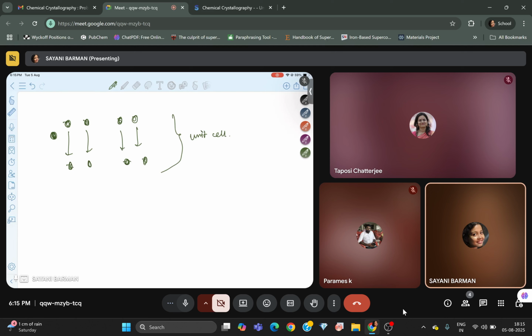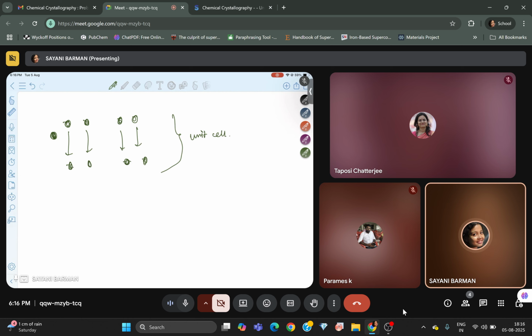Right. So we learned about the unit cells and how many types of crystal systems there are. Those are the seven: cubic, tetragonal, orthorhombic, monoclinic, triclinic, trigonal, hexagonal. There are certain conditions, like the minimum symmetry operations required for such crystal systems to exist, and the axial length conditions of the unit cell or the interaxial angles.